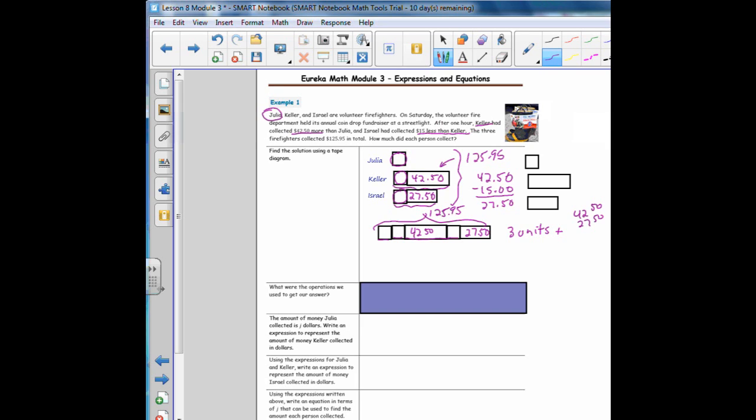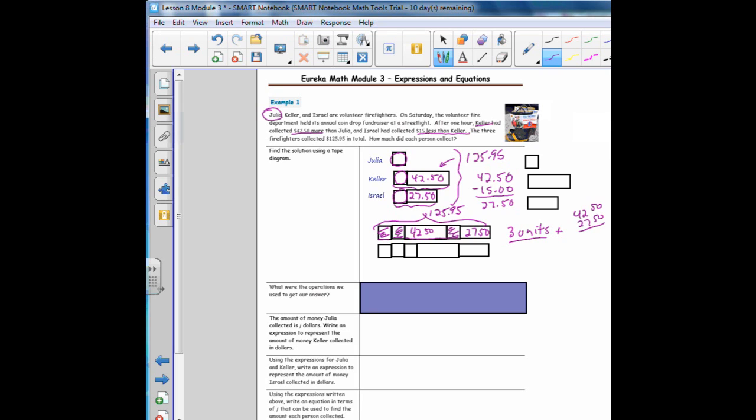So now let's reorder our units so that they're like. So we have 3 of these units, so we'll put these 3 together, and that represents this unit, and this unit. And then we also have one of these, that's the $42.50, and one of these, which is the $27.50. So all I've done is I've reorganized to put our 3 units together and then the money together.